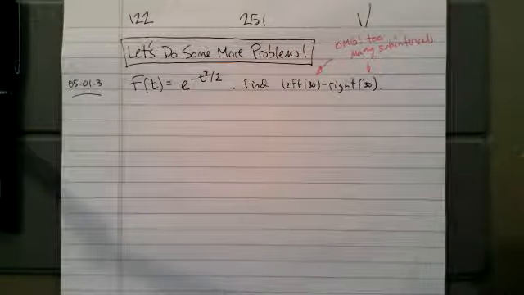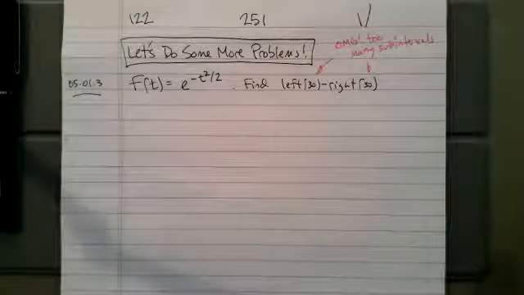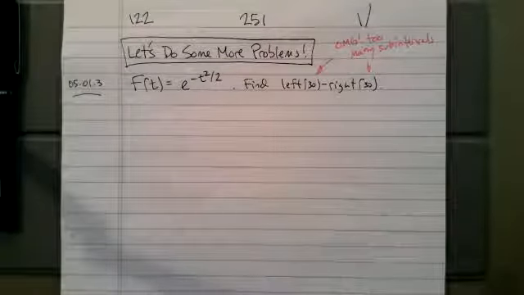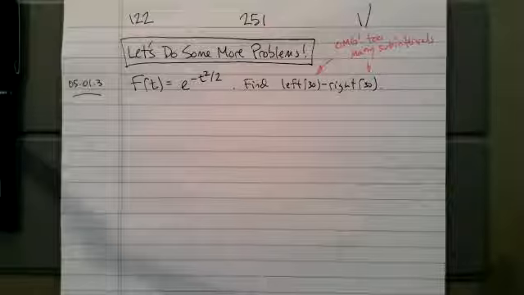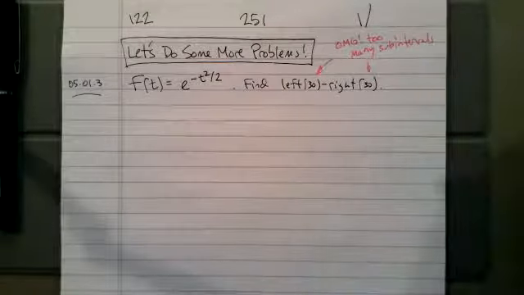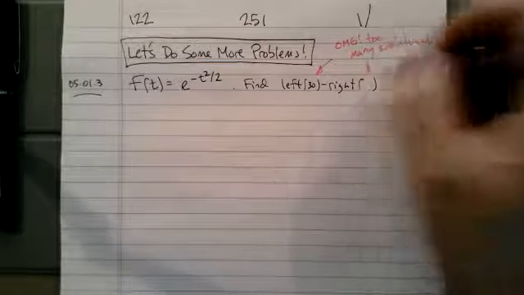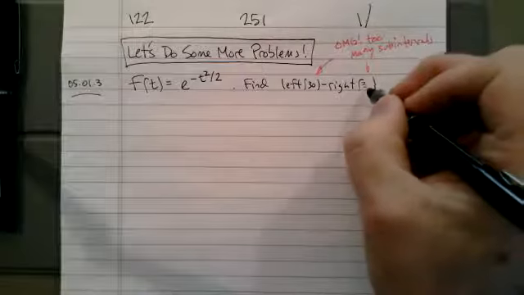If I just said, approximate the definite integral from 0 to 2 using 30 subintervals, that is an unreasonable question. But this question is not unreasonable because it says, find the difference between the left and right approximations if we were going to use 30 subintervals.